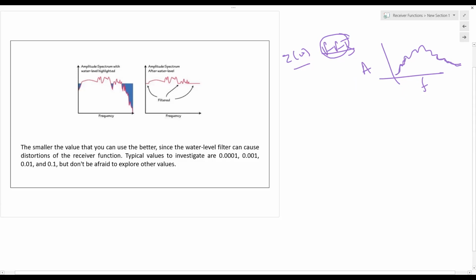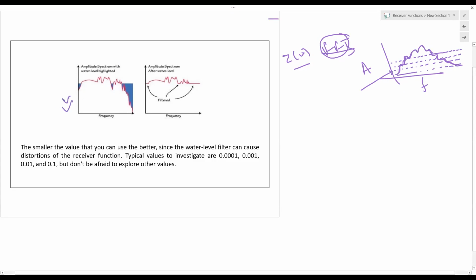For that purpose, you apply a water level. That means you are removing the low amplitude frequencies, and will only remain with the frequencies that are higher than that water level.